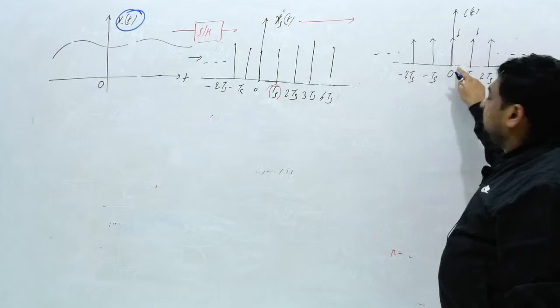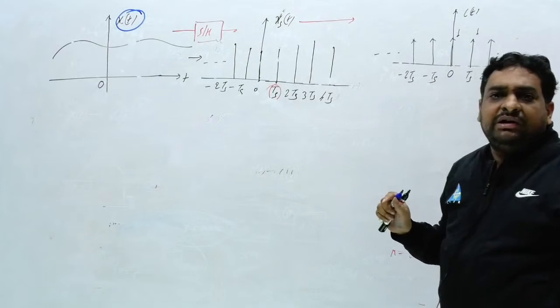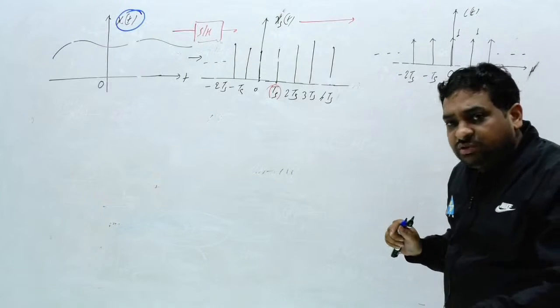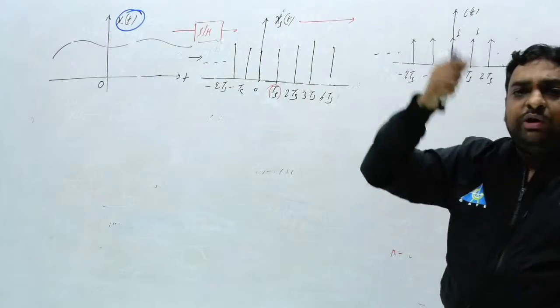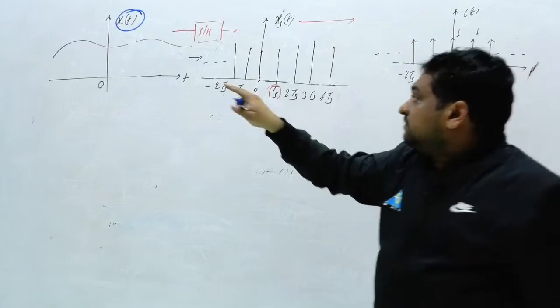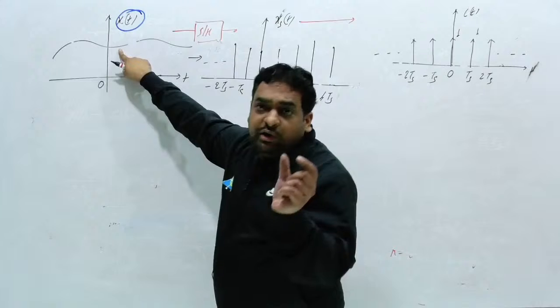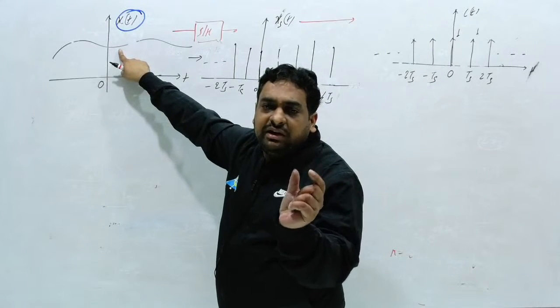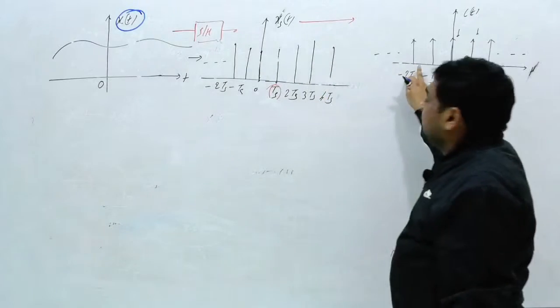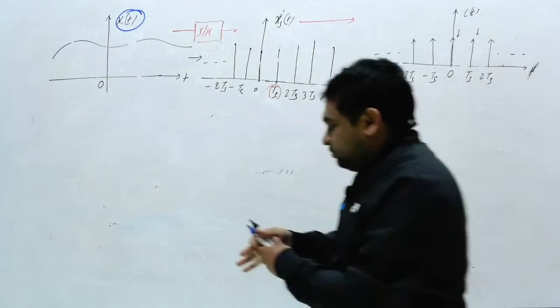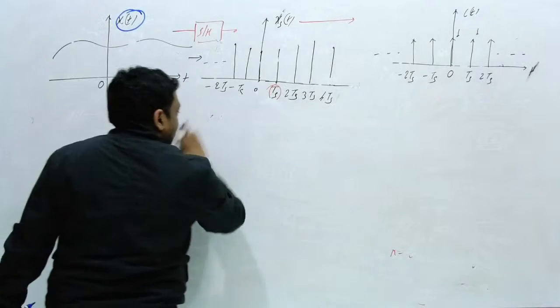If you consider it as a small pulse, this is called pulse sampling or natural sampling. If you consider a pulse but the output has a flat top, the output does not vary during the pulse width, that is called flat top sampling. We are interested only in impulse sampling. Clear? So now we have to study only impulse sampling.